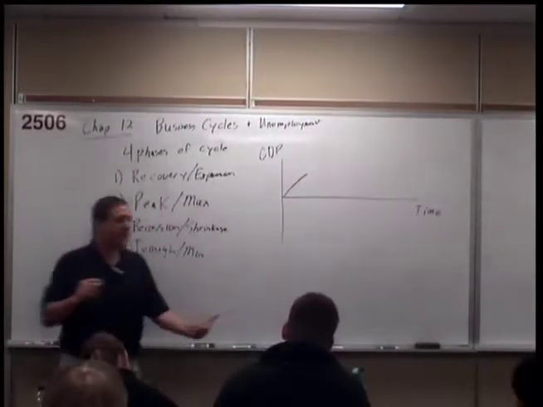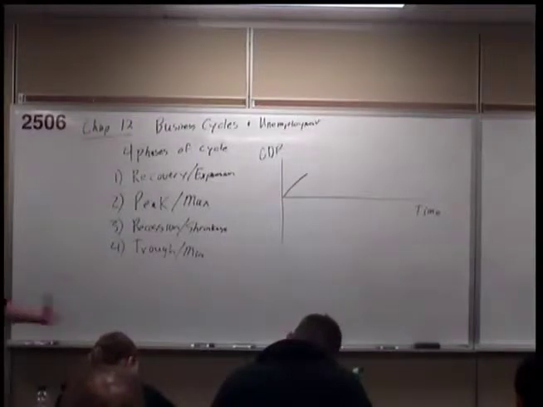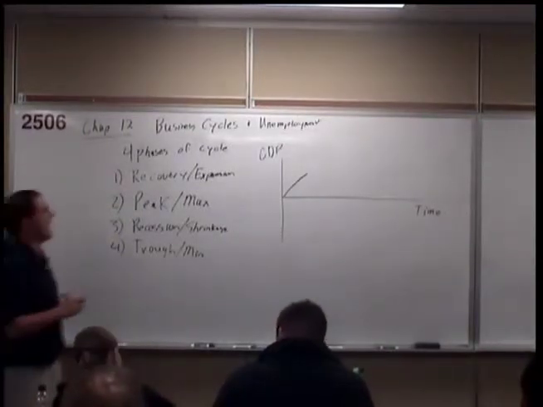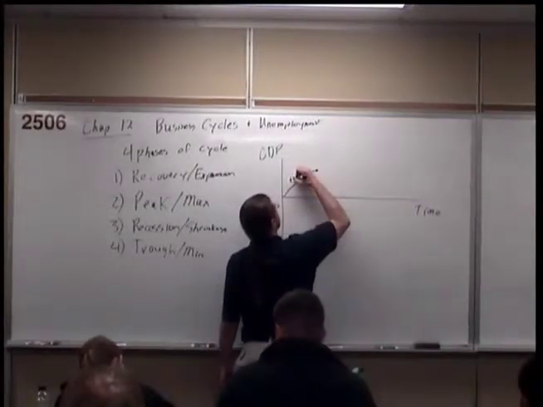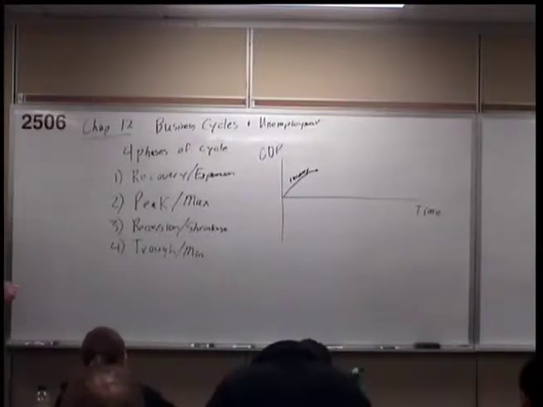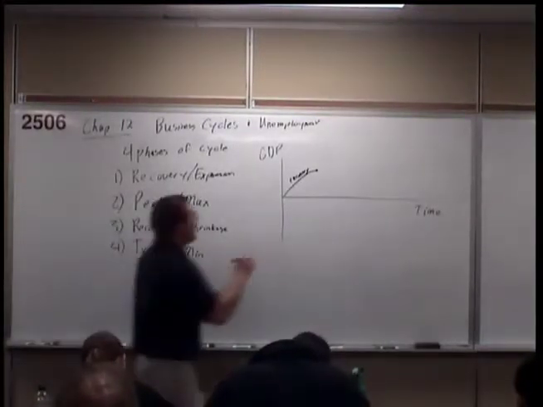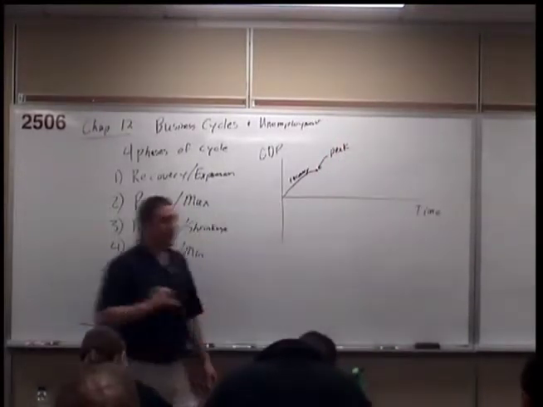But at some stage, as we're growing, we max ourselves out, right? We can only go so far, so fast, and then what happens? So here is our recovery stage, or our expansion phase, or our growth phase, whatever you want to call it. And then at some stage, we hit the peak.